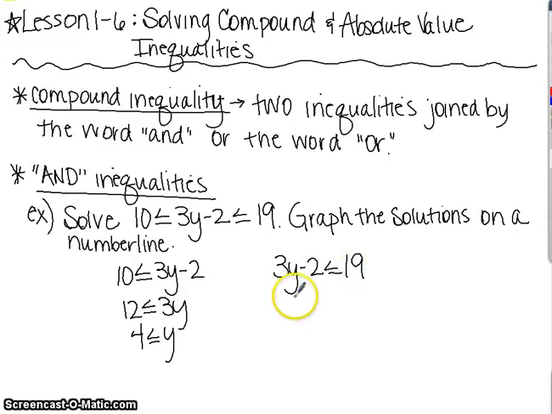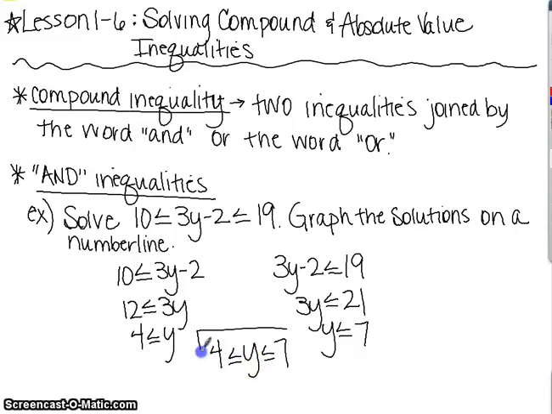Now if we look at this one, I'm going to add 2 over. So 3y less than or equal to 21. And then when we divide by 3, we get y less than or equal to 7. Now what you'll notice is we can put both of these back together into one big inequality. So 4 less than or equal to y less than or equal to 7.